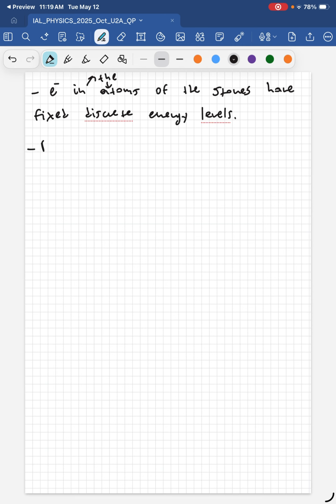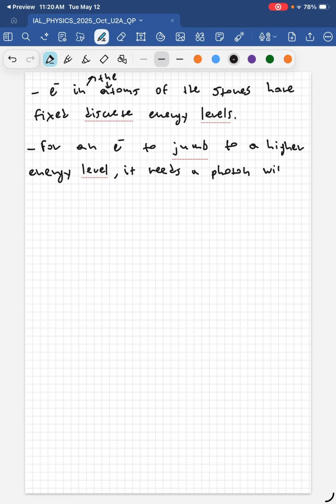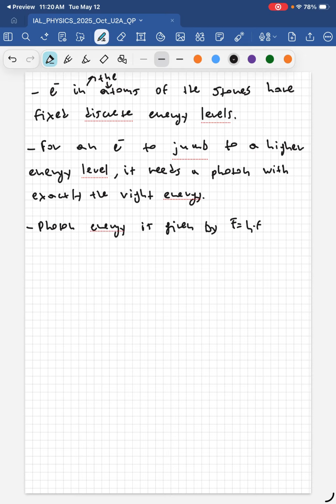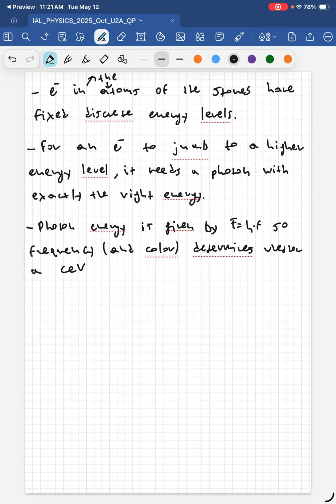Okay, for an electron to jump to a higher energy level, it needs a photon with exactly the right energy. Photon energy is given by E equals h times the frequency. So frequency and color determines whether a certain color will work.